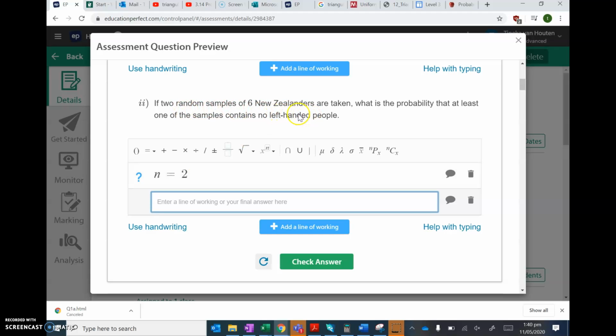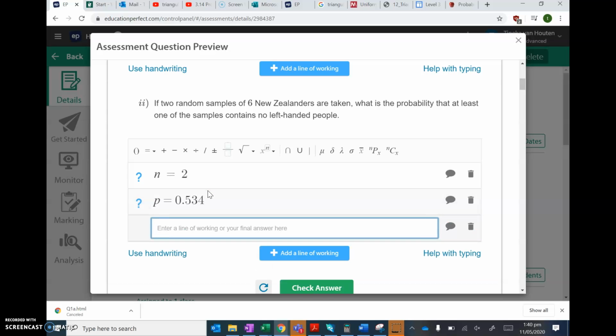We know that the probability that there's no left-handed people out of our 6 New Zealanders is 0.534. Now, what I've done is I've created a new binomial distribution based on information from before. So now I've only got a sample size of 2, and the probability of success that there's no left-handed people in that group is 0.534.